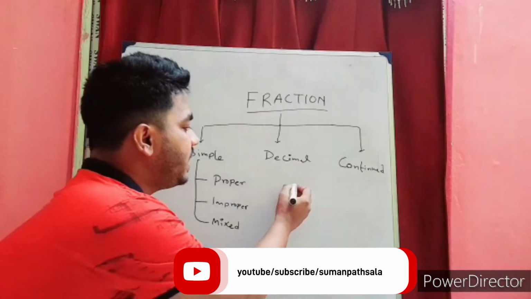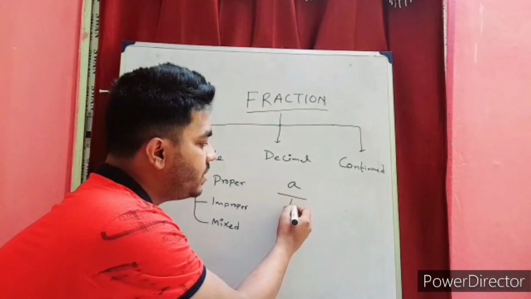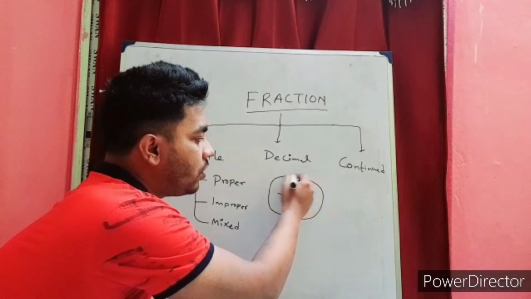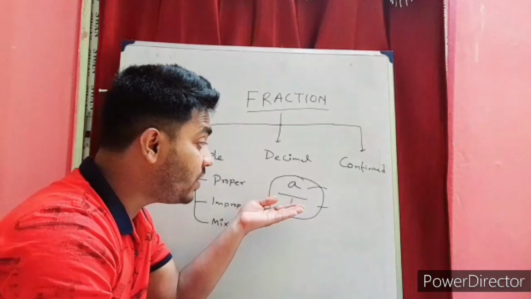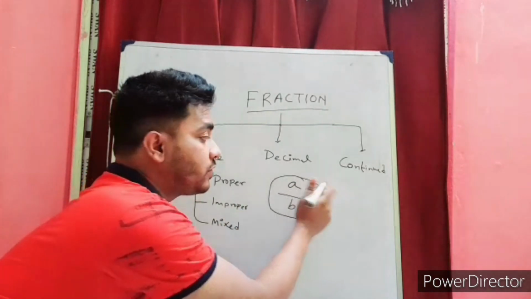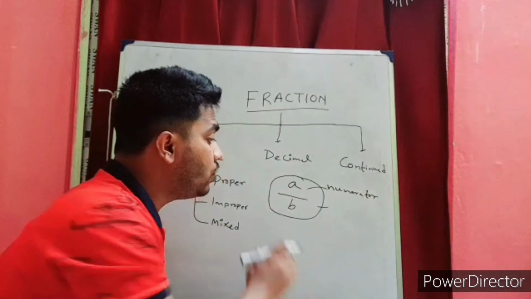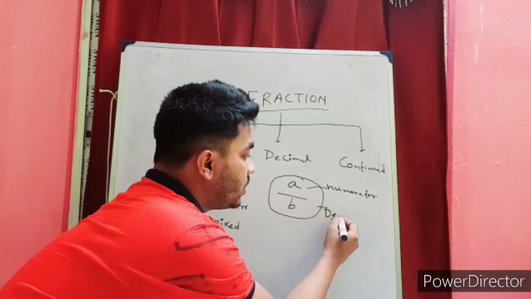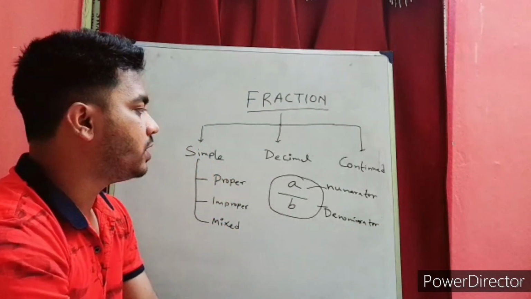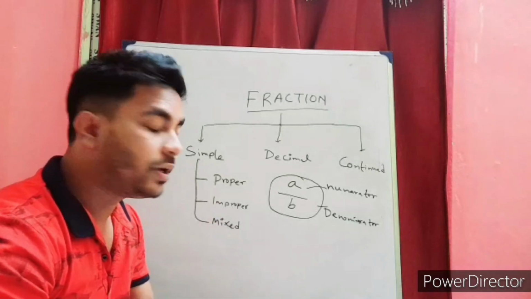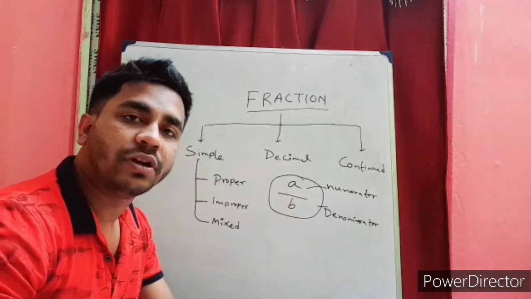Suppose A is one number, and you divide it by another number B; that formation is called a fraction. In this expression, the upper portion A is called the numerator, and the lower portion B is called the denominator.